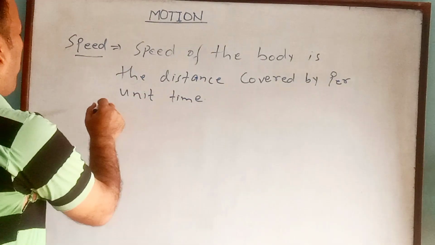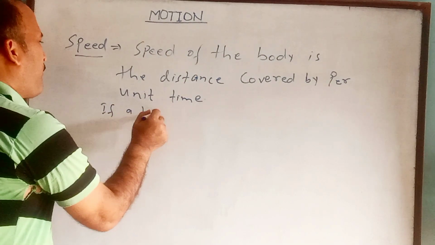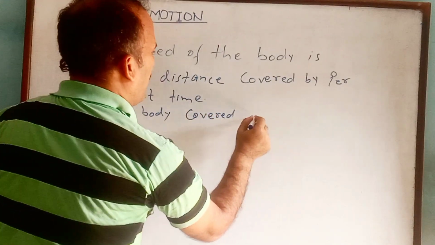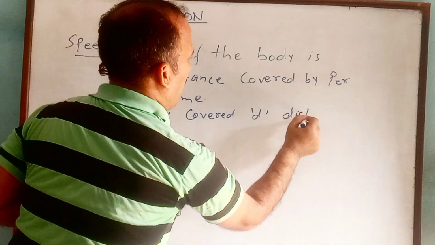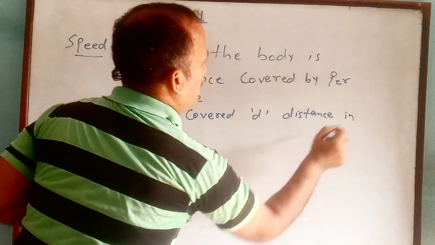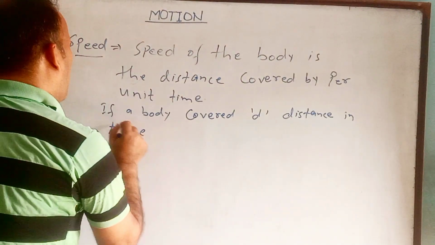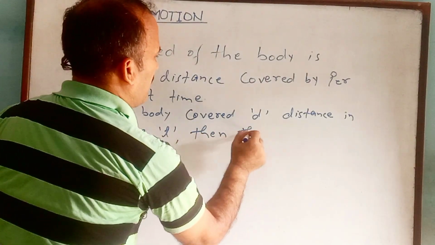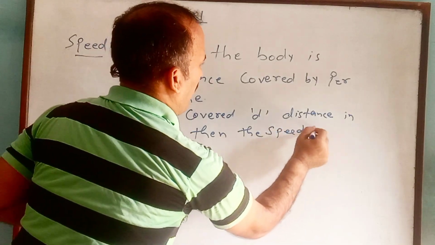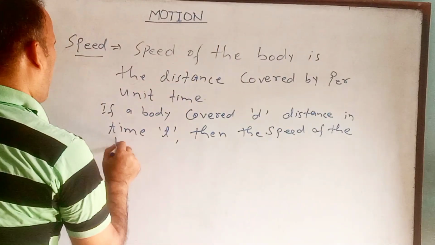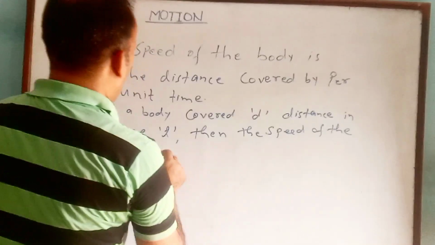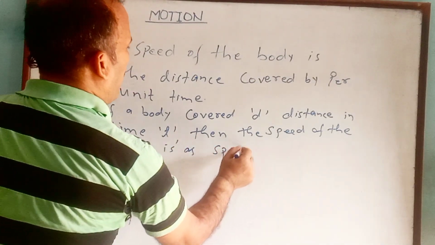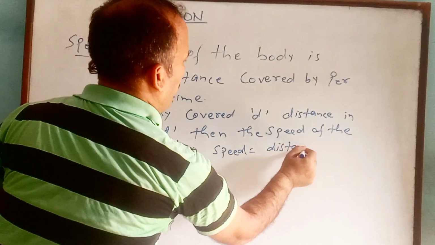Okay. Now, if a body covered the distance in time t, then the speed of the body is as: speed equal distance upon time.